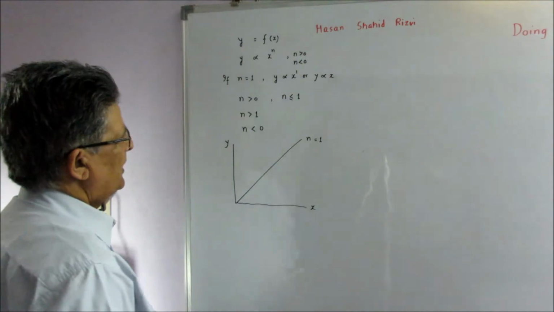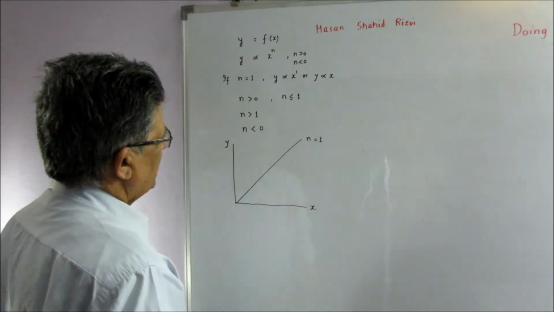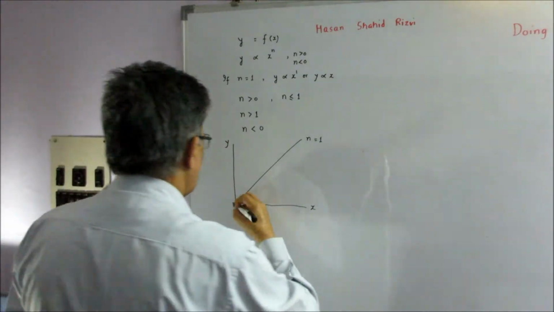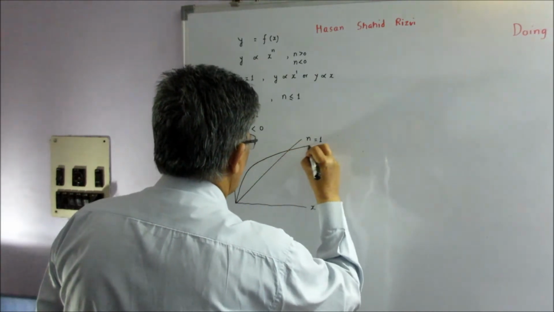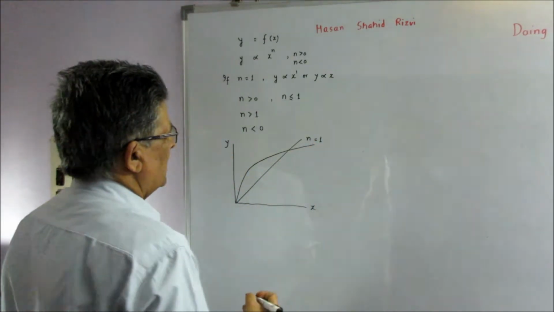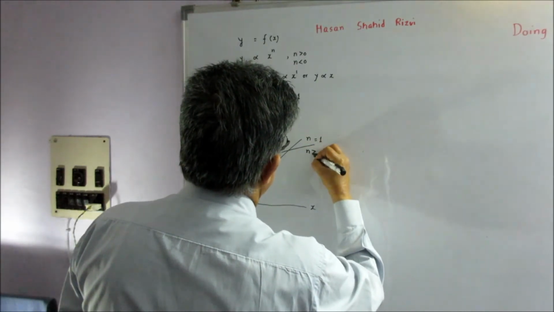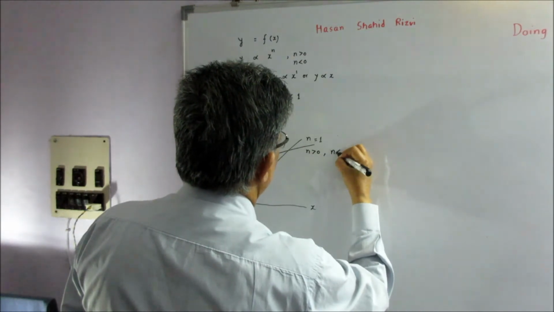But if n is greater than 0 but smaller than 1, then the kind of the function that we obtain, it goes like this. This is n is greater than 0 but n is smaller than 1.